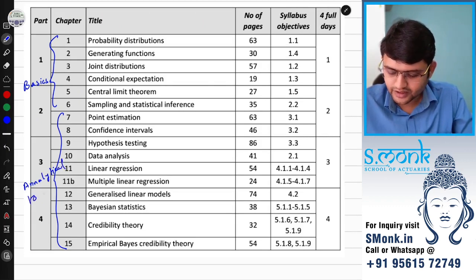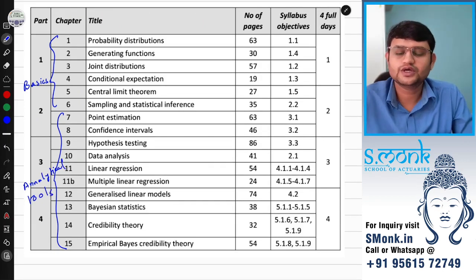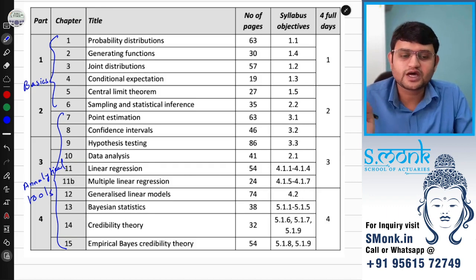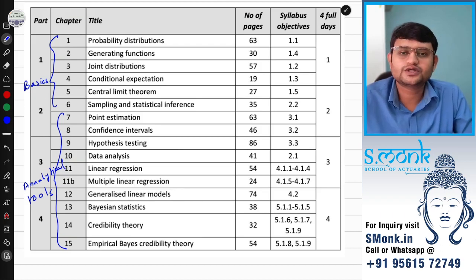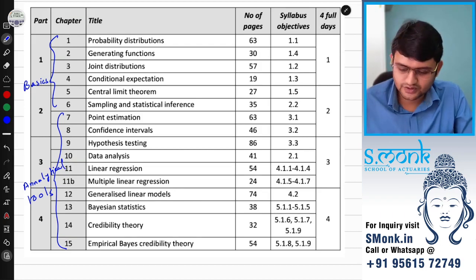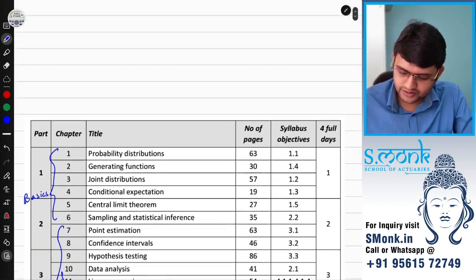These are analytical tools that we are going to use not only in this subject but throughout statistics. These are the analytical tools that will be required throughout the statistics that you are going to study in actuarial science. Okay, so very important.